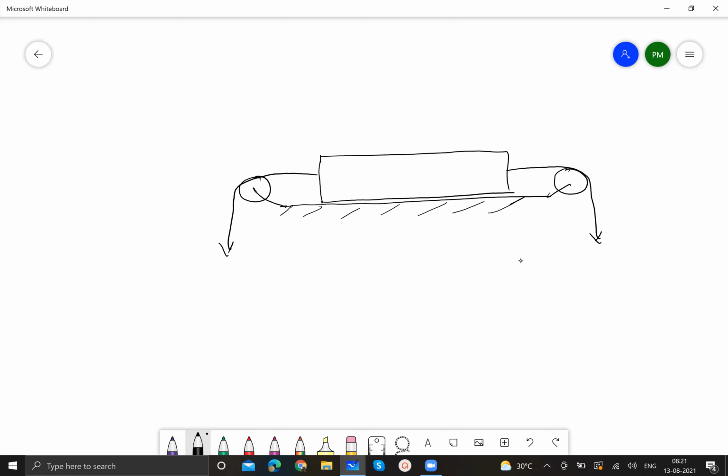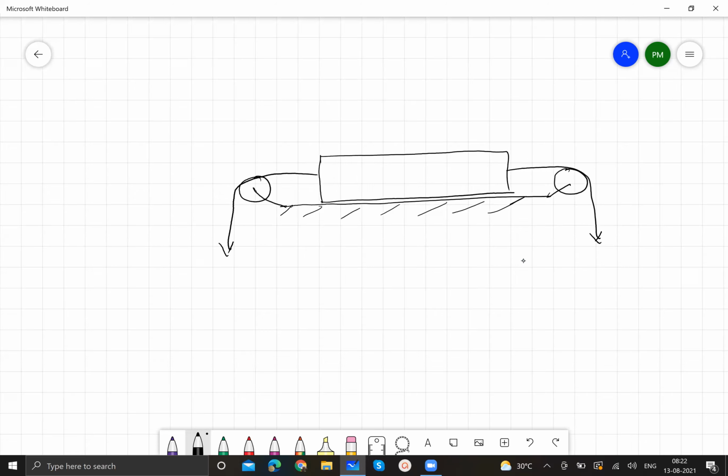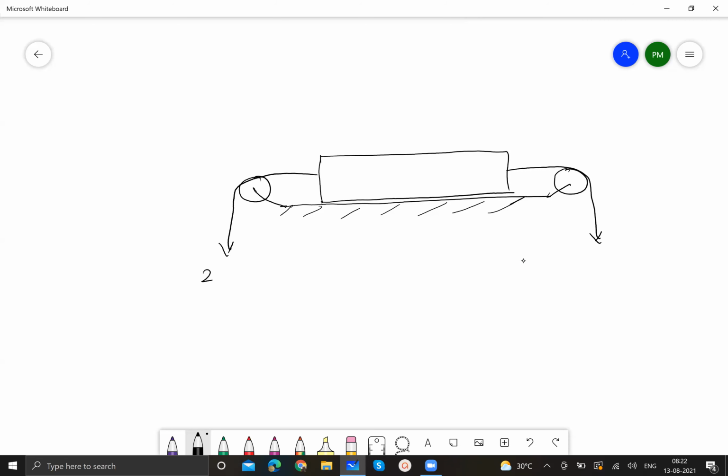is pulled from both the sides by the constant forces of 20 newtons and 32 newtons.